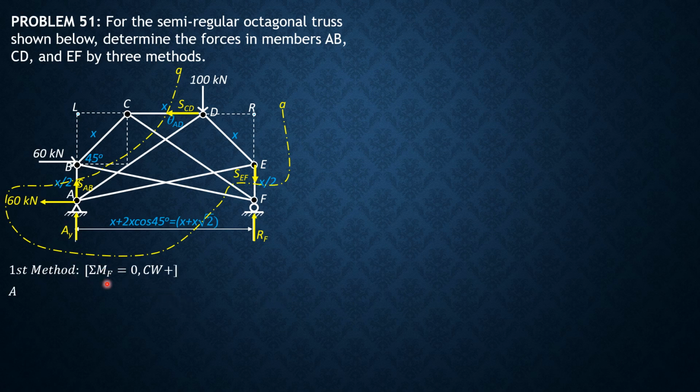We have AY times quantity X plus X square root of 2, plus 60 times X over 2, that's clockwise, equals 100 times X cosine 45. Don't mind X, just imagine X is 1, and we can solve AY equal to 16.863 kilonewtons upward.